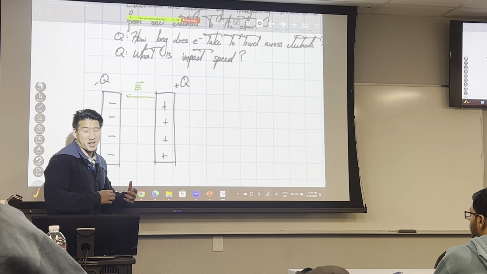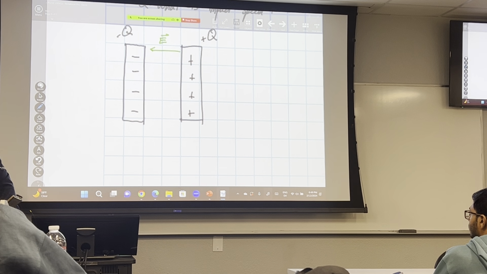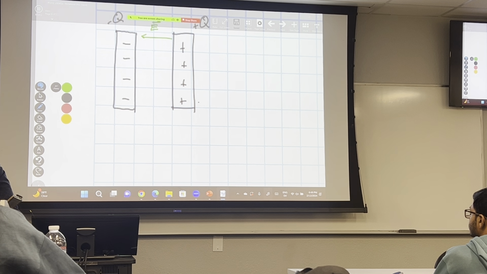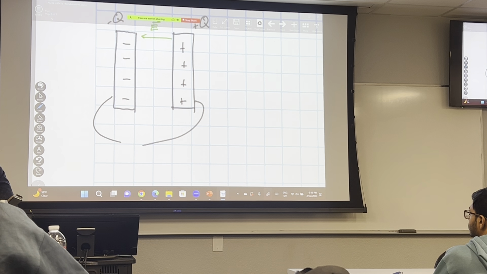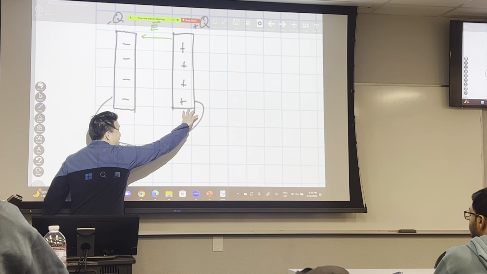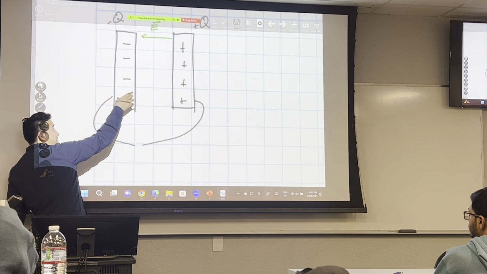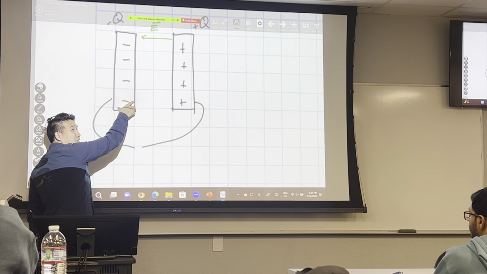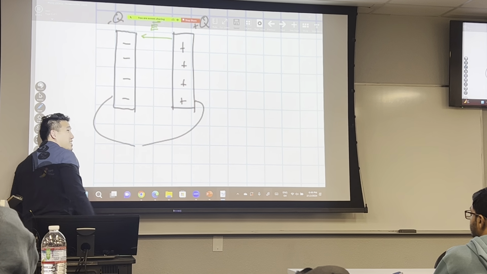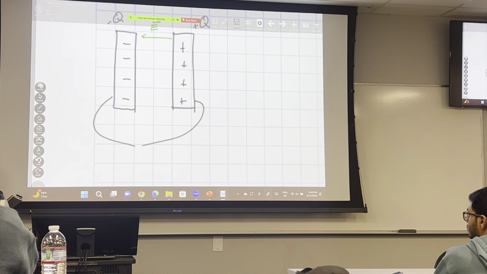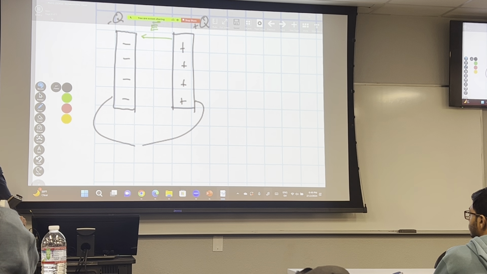I guess for more completeness, we needed to hook this up to some sort of circuit, and it's the electrons that got drawn from here, and then put over here. Now this has excess electrons. There are more electrons here. And so in this scenario, the electrons that can freely move are on this plate.